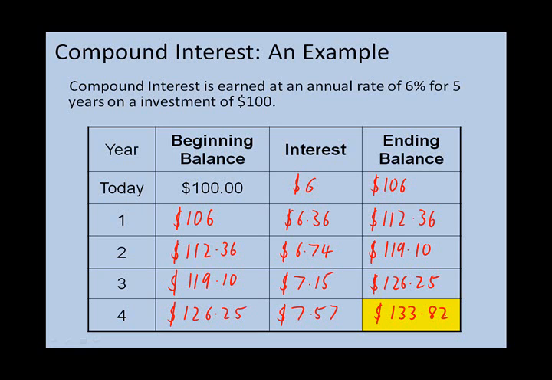When we use simple interest, our final balance was $130. The difference, the $3.82, that is the interest on interest. Now you can see the difference between compound and simple interest. In reality, most institutions use compound interest.